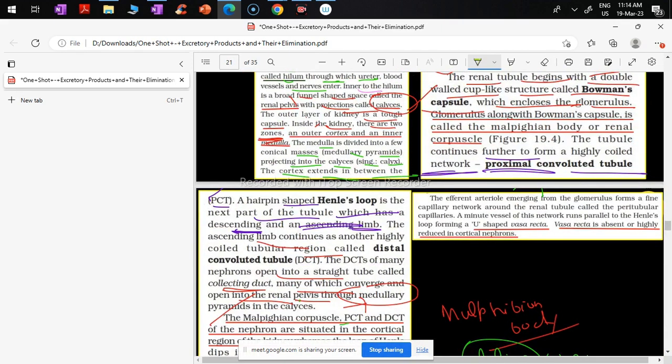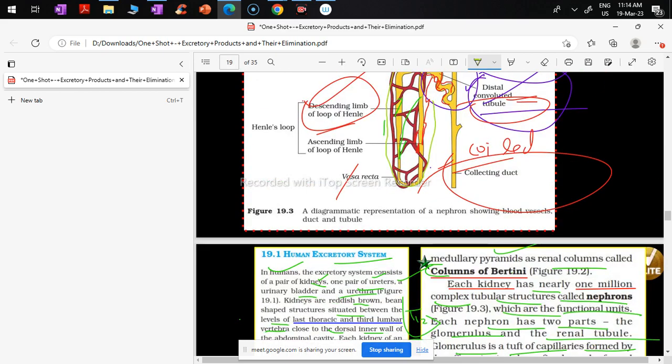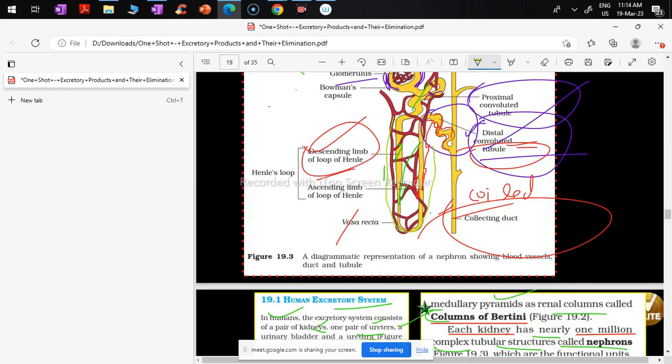So vasa recta, a minute vessel of this network, runs parallel to the Henle's loop. This is the only thing I was saying to you previously, that parallel thing. So the complete network is the peritubular capillary. Focus on this: the complete network of those small blood vessels is the peritubular capillary.